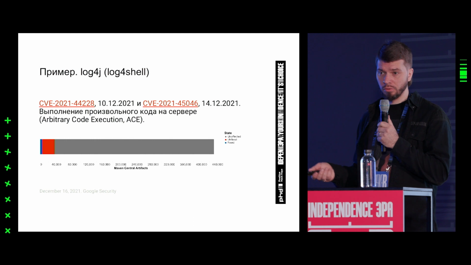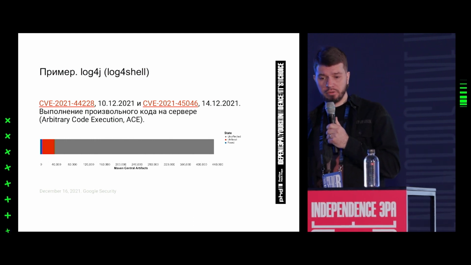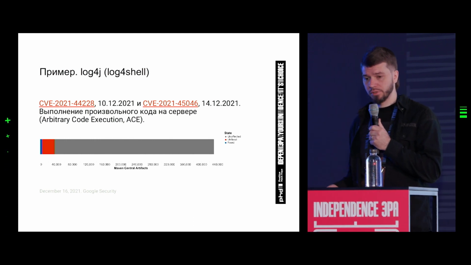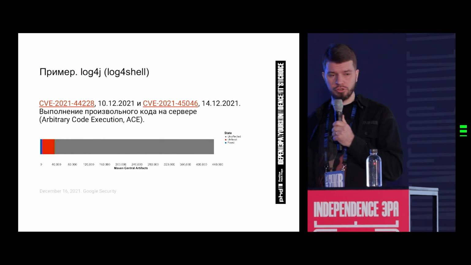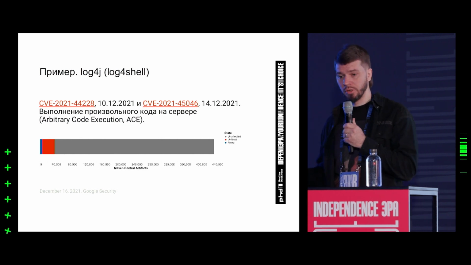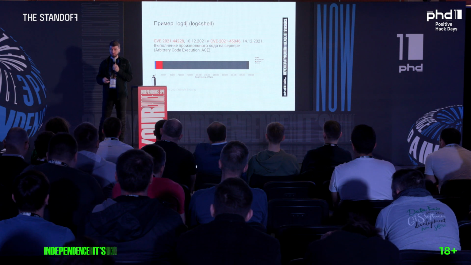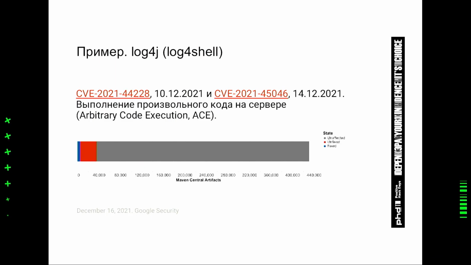So here you see a Google security graphic representation as of December 2021. After the first vulnerability was identified, we have all Maven packages in Maven Central artifacts, and we have the numbers that are vulnerable.